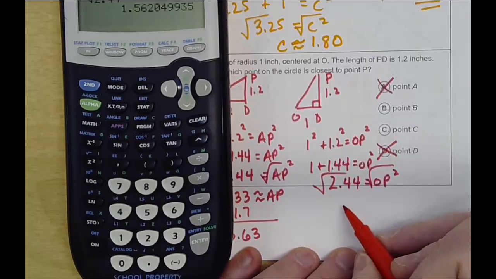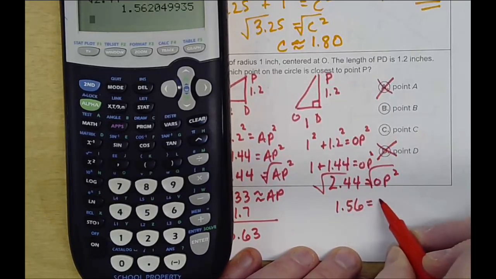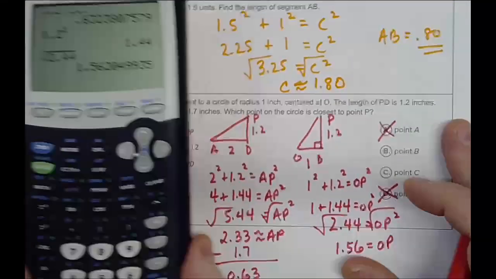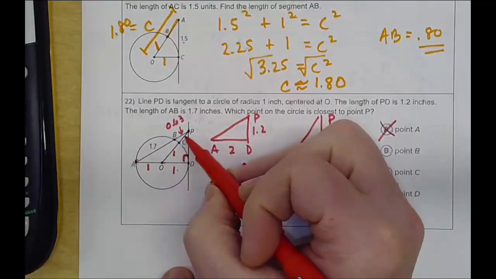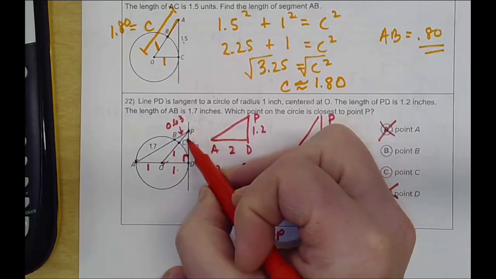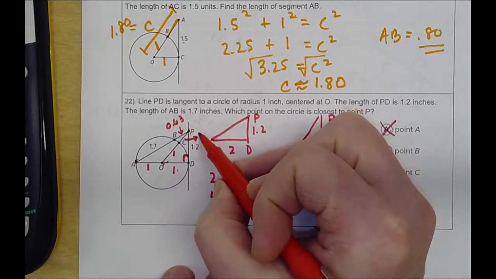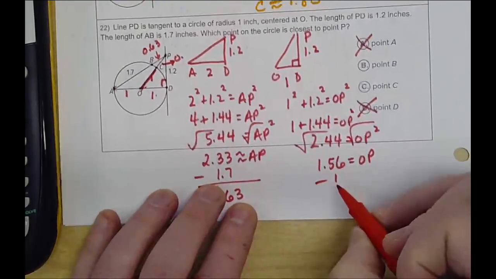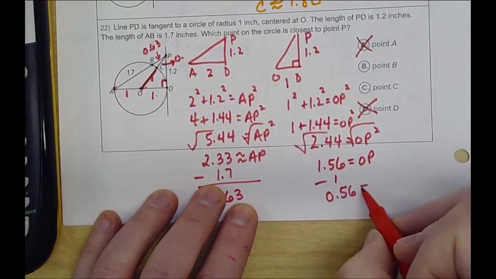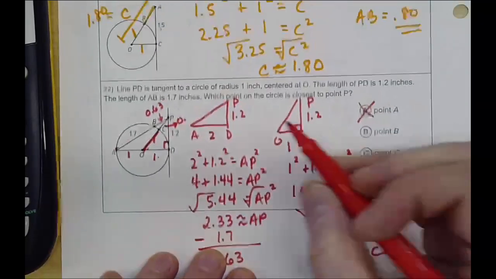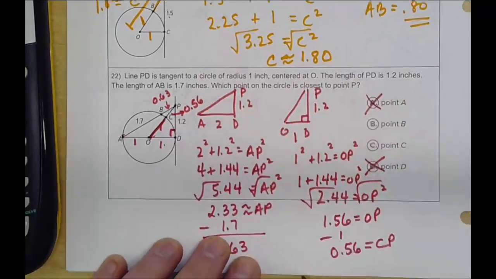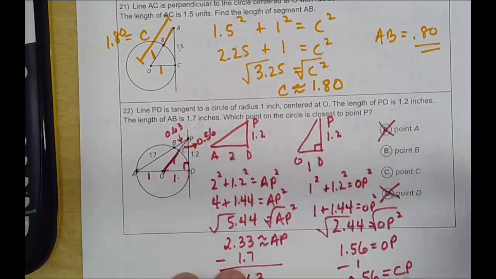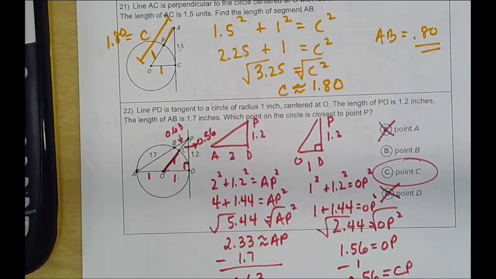Boom. 1.56 is the length of OP. O to P is 1.56, so this little piece is just, got to take away the 1. You get 0.56, and that's going to equal CP. So it's close, but this one is a little bit shorter than that one, so C is closer.